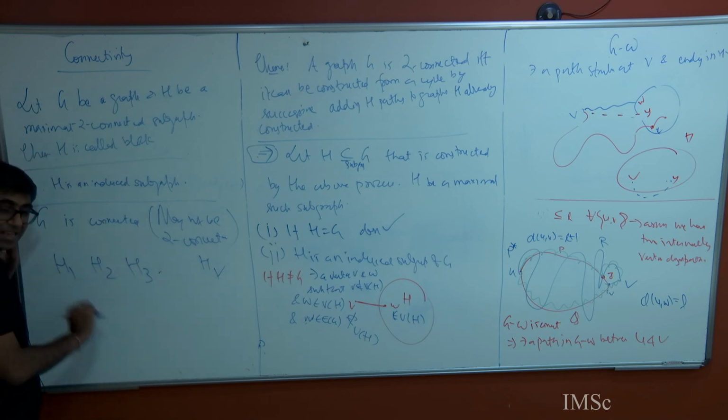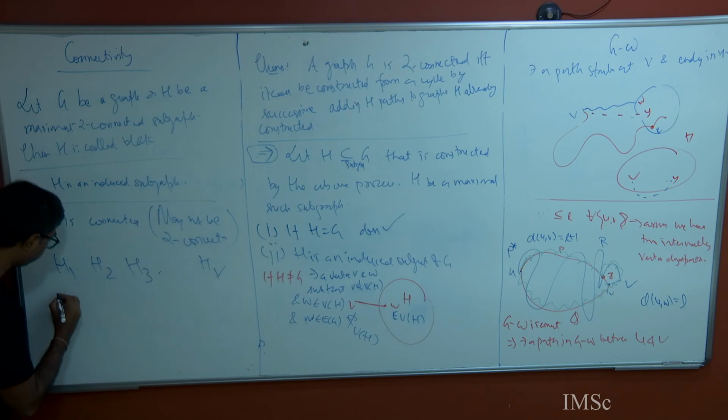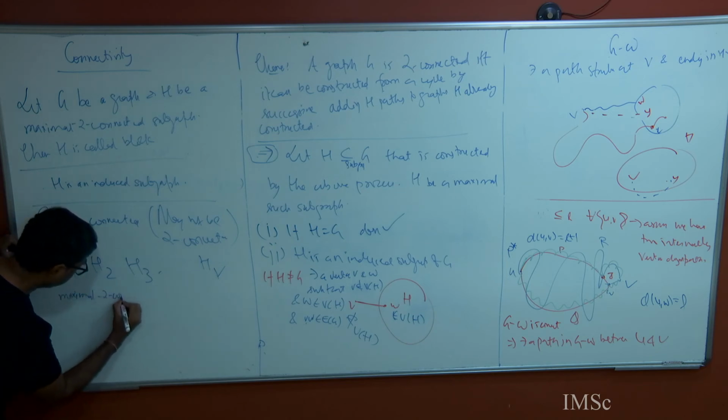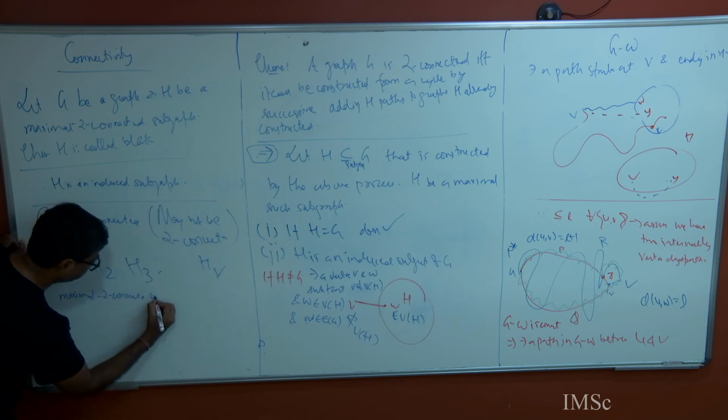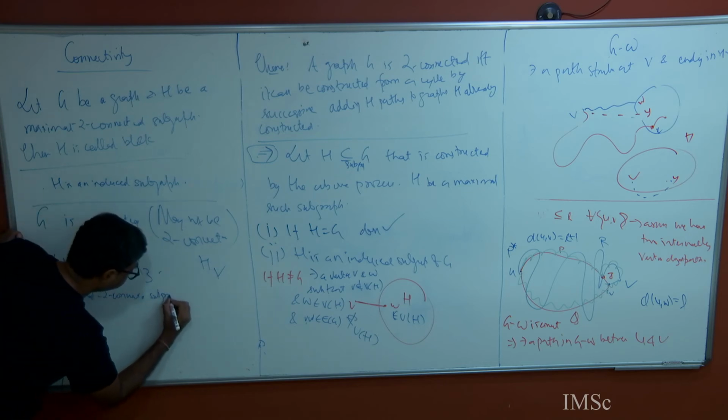These are maximal. What are they? They are maximal two connected subgraphs of G. I'm not even using the word induced subgraph, because maximality implies that this is an induced subgraph, but I'm not using the word.